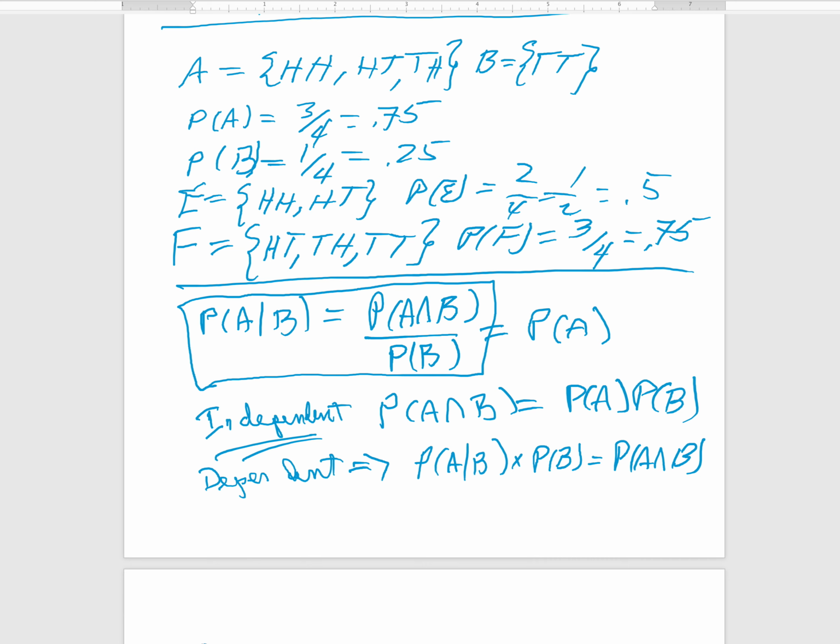So what's the difference between these two formulas? Well, they're kind of exactly the same. This becomes this if the probability of A given B is the probability of A, which means they're independent. But if they're not independent, I have to write it this way.